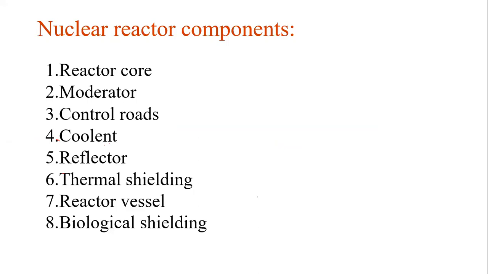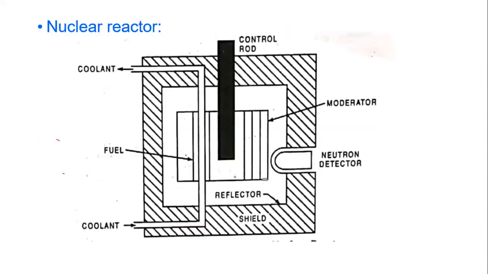These are the control rods, and they are used to control the rate of the fission process. In the reactor, some fission processes take place, and that fission process is controlled.